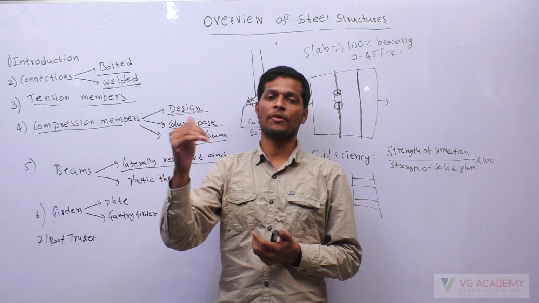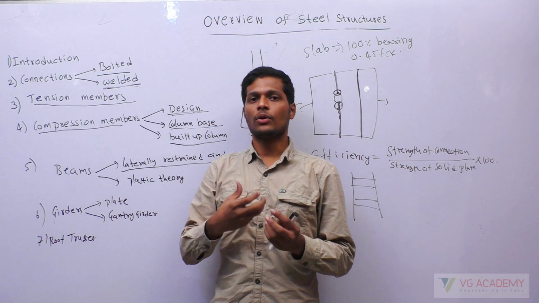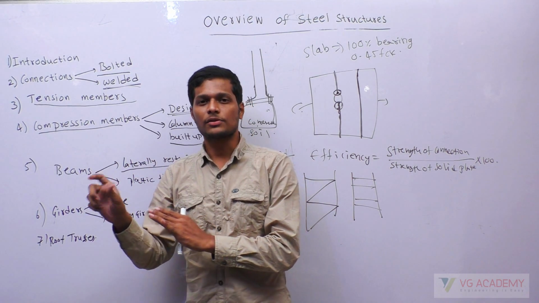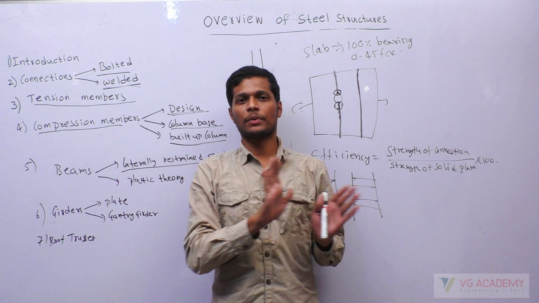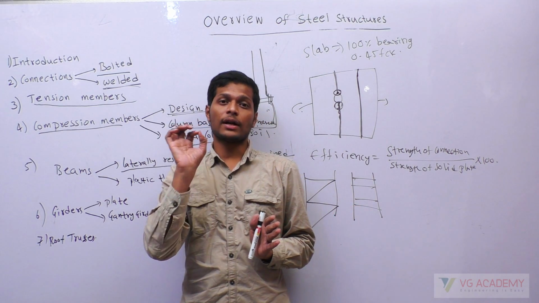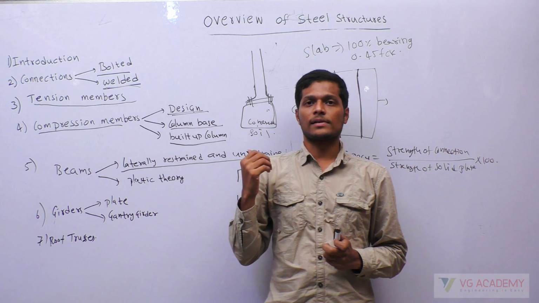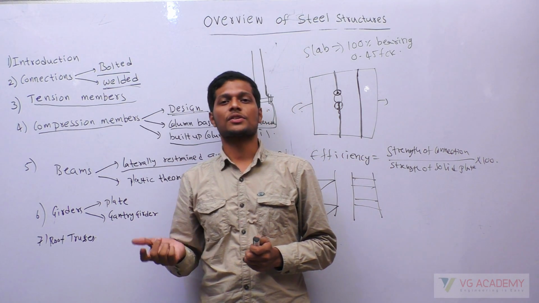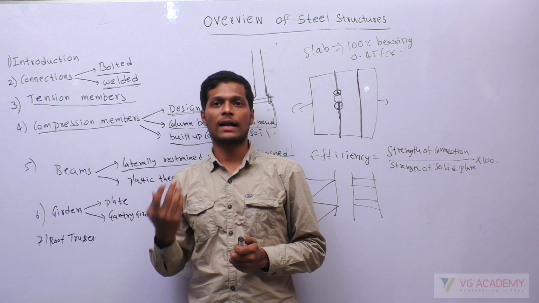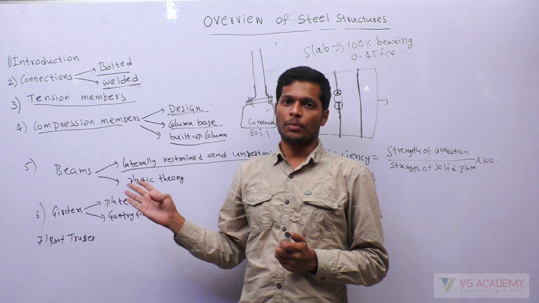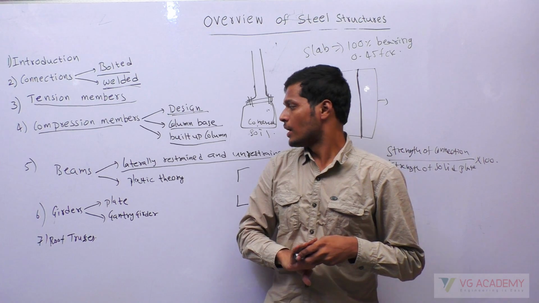Depending on the type of section, you will have rotation capacity for the beam, and based on that you will have some factors which affect the design of the beam. Definitely read what the classes of the beams are: the plastic section, compact section, semi-compact section, and slender section. Like this you have 4 types of sections for beams, so read all those sections.